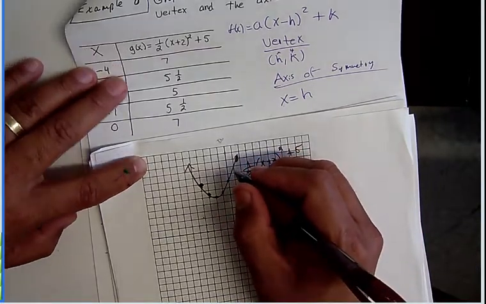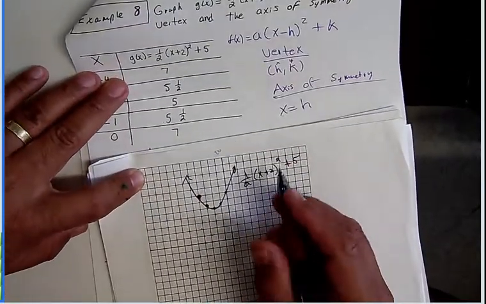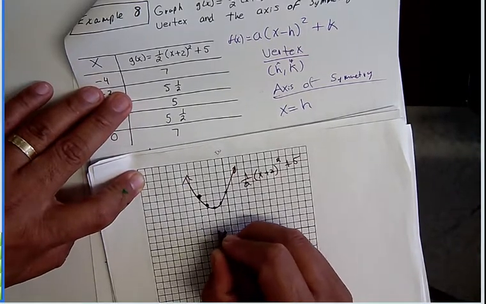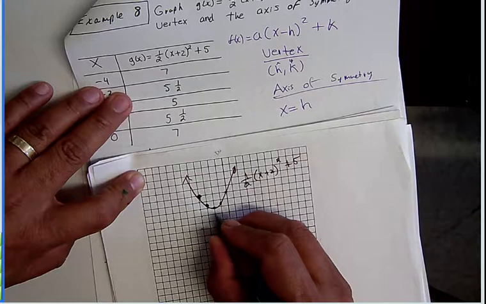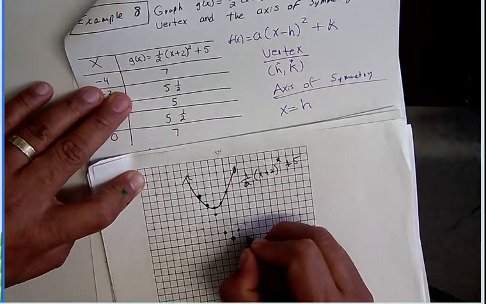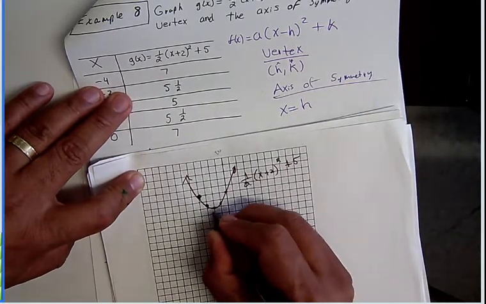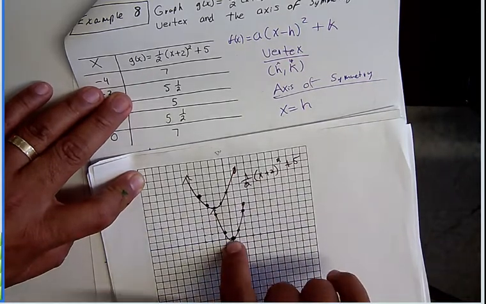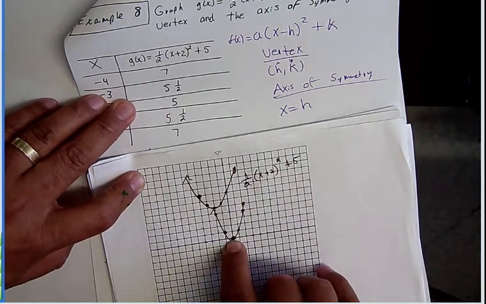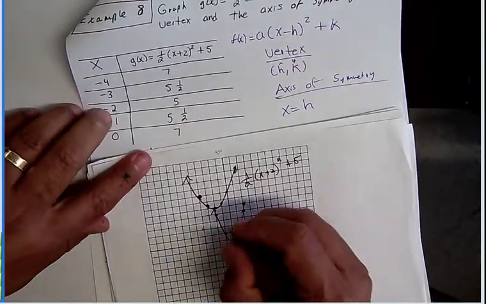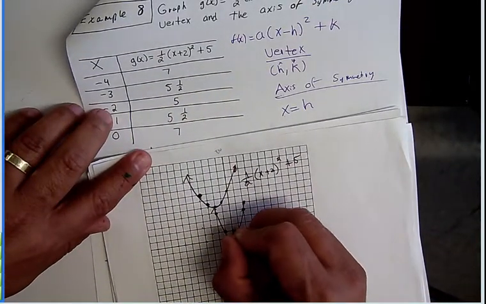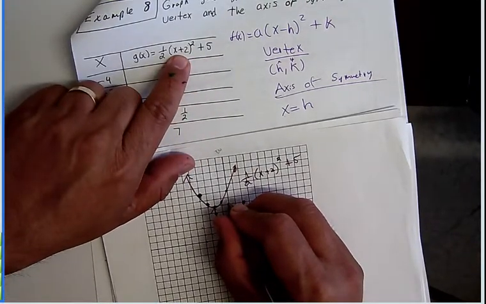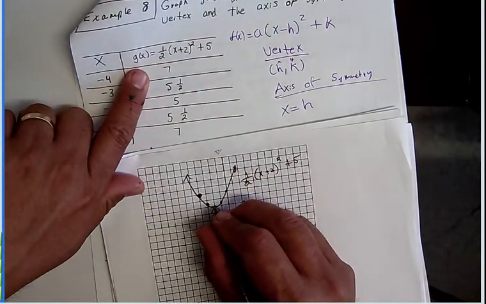That's a graph. So let's see what happened really quick compared to the original. The origin is here. So this is the parent function. So what happens with the vertex of this? It moved 5 units up, 1, 2, 3, 4, 5, and it moved 2 units to the left, 1, 2, and we land on the other vertex.